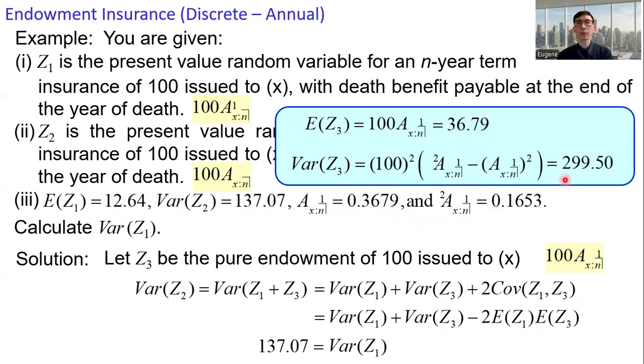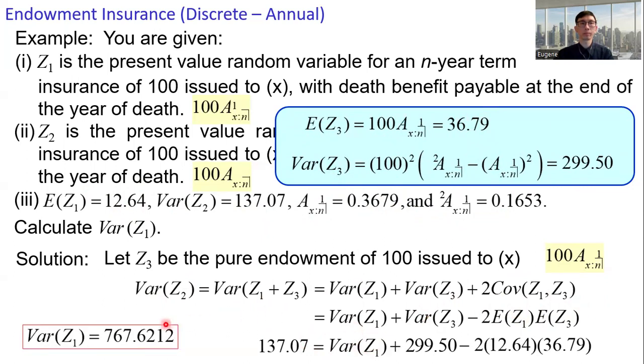The variance of Z3 is 299.5. All right, from this expression, we can get the variance of Z1. And the answer is 767.6212.